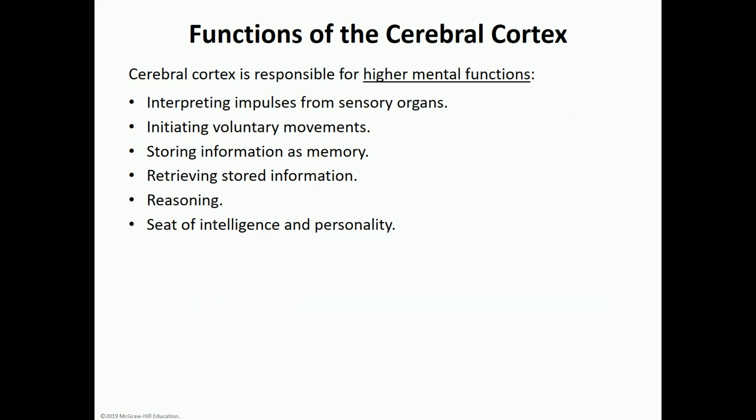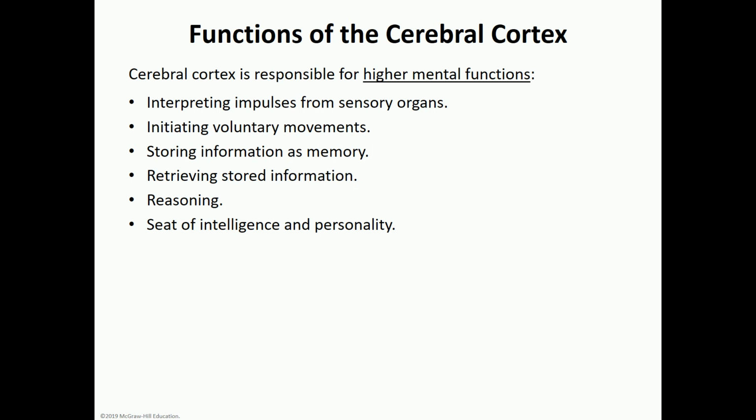Now, what is the function of the cerebral cortex? As I mentioned before, it is for higher mental functions. So, yes, I am going to hear with my temporal lobe, but I'm also going to be able to understand what I heard, interpret it, analyze that data. Maybe it'll bring back memories. I can form new memories.